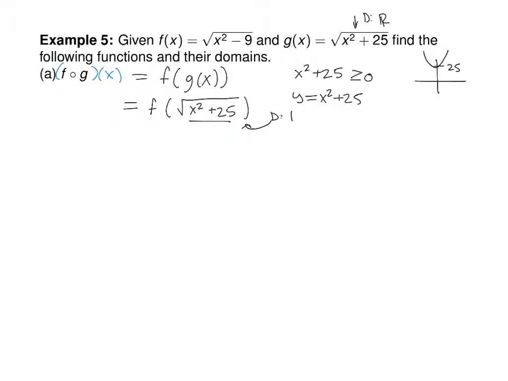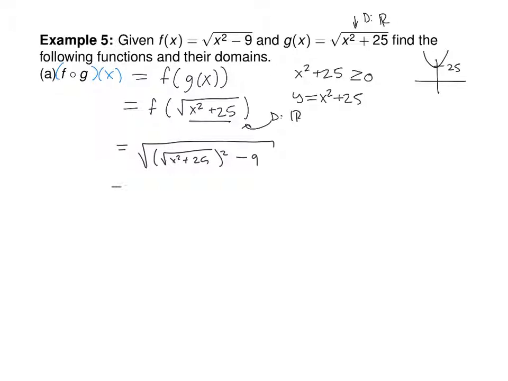Okay, so reals. All right. Now proceed and plug the root into the f function. So you've got big old square root, parenthesis, square root x squared plus 25, that whole thing squared, minus 9. What happens when you square that square root?